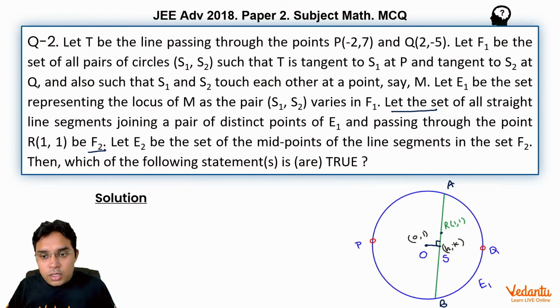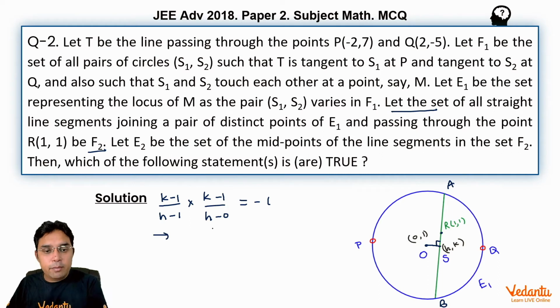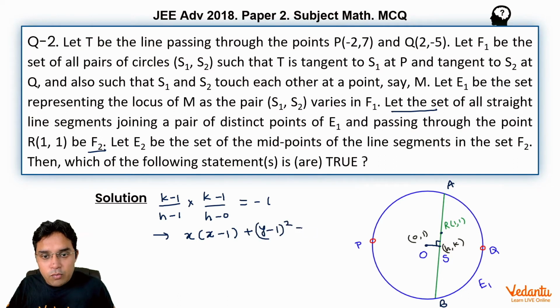So the locus of this S, H comma K, can be written directly by using M1 M2 equal to minus 1. So (K minus 1)/(H minus 1) into (K minus 0)/(H minus 0) is equal to minus 1. So after replacing H by X and K by Y, we get X into (X minus 1) plus (Y minus 1) whole square is equal to 0.